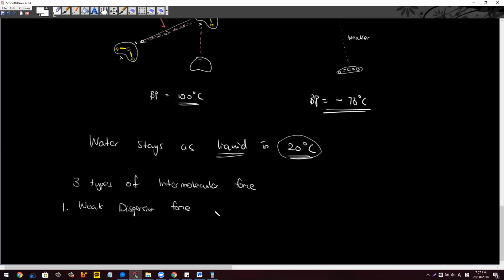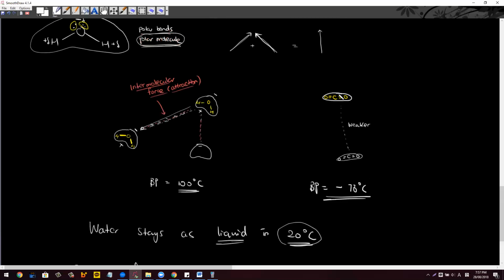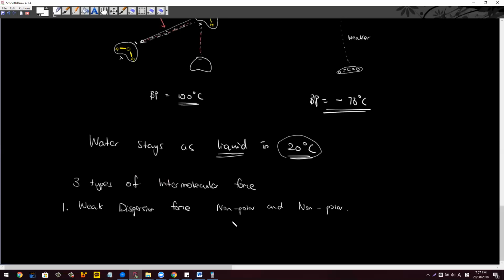And weak dispersion force is the only force between nonpolar and nonpolar. So this is nonpolar, this is nonpolar, right? Maybe this is between non-dipole and non-dipole.